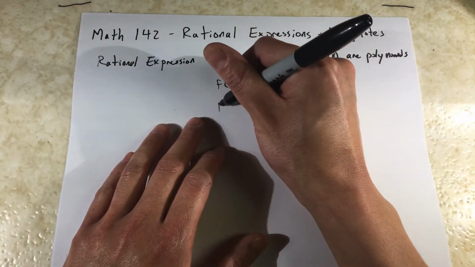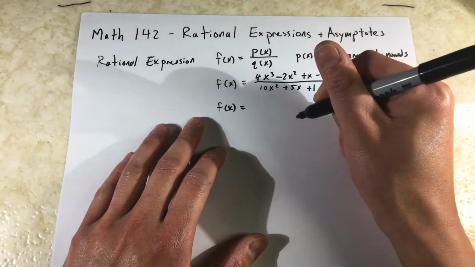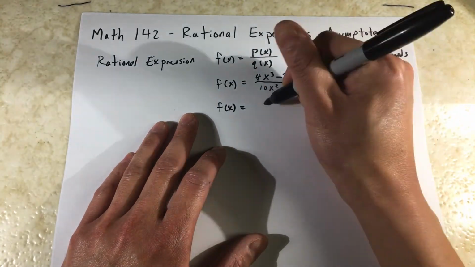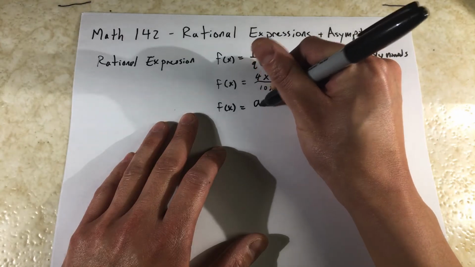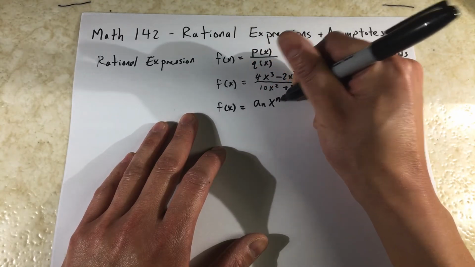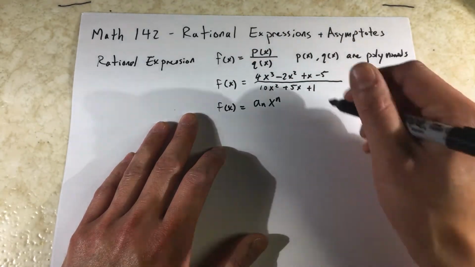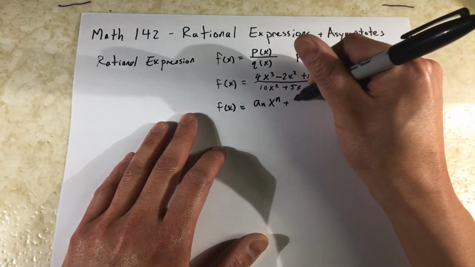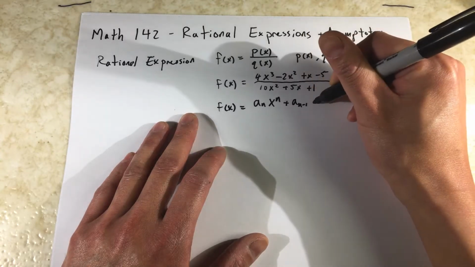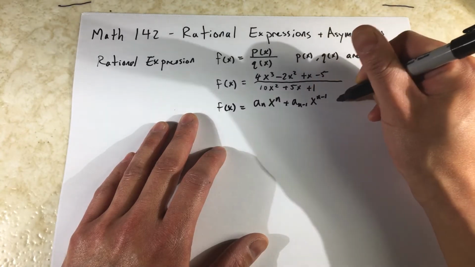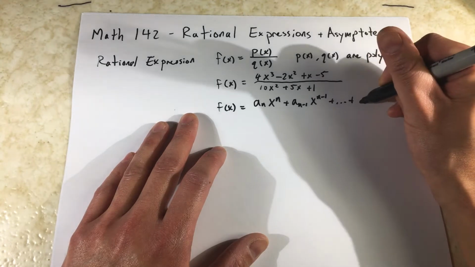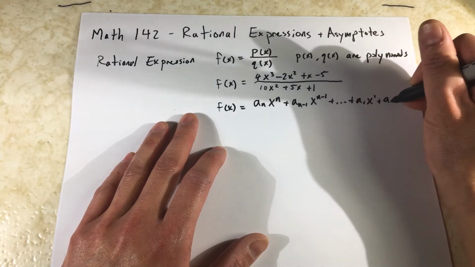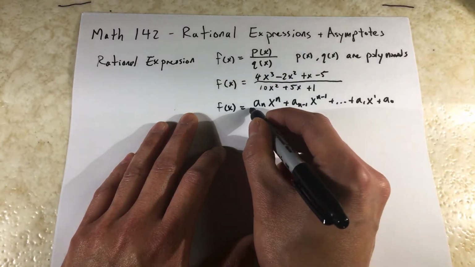So in general, you'll see these written sometimes more generally, like this. Each of them has a coefficient and a power of x. Let's say you have a_n x to the n, where n is your highest power of x, and a_n represents the coefficient in front of it. And then each one has a different coefficient: a_(n-1) x to the n minus 1, then a_1 x to the power 1, plus a_0, your constant term.